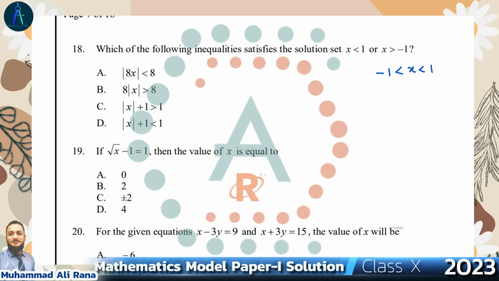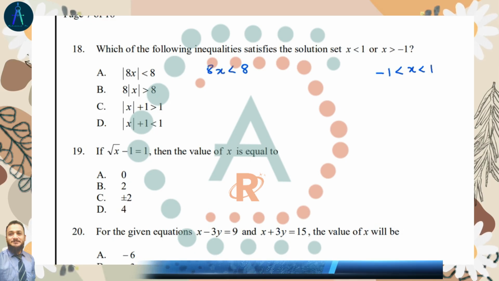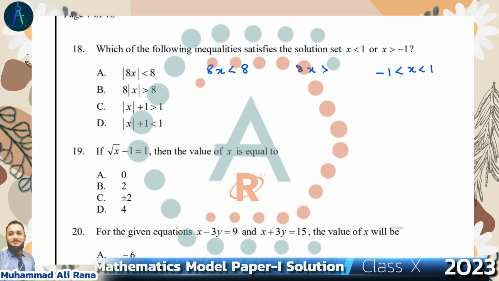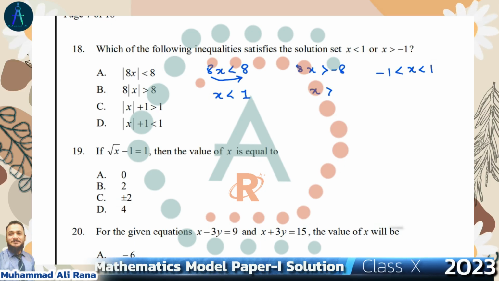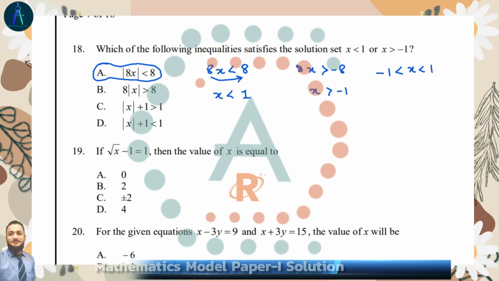First option को simplify करेंगे तो 8x will be less than 8 and 8x will be greater than minus 8. So 8 को वहाँ ले जाके divide करेंगे, we get x is less than 1 and 8 को यहाँ भी divide करेंगे, we will get x is greater than minus 1. So simply the option A of this question is the right answer.